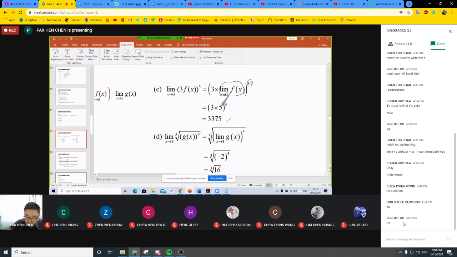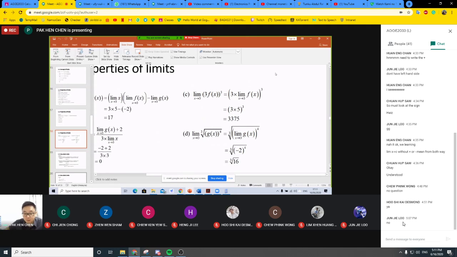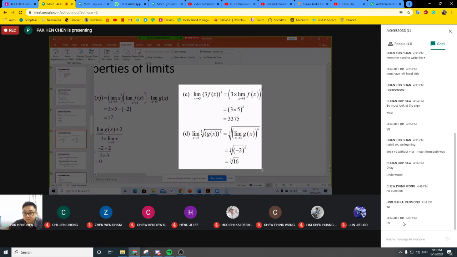Same for the last one, we can have this cube root outside and the power of 4 to be done later. We can just substitute -2 into it, and then the power of 4 becomes 16, and then we have cube root of 16. That will be this part.